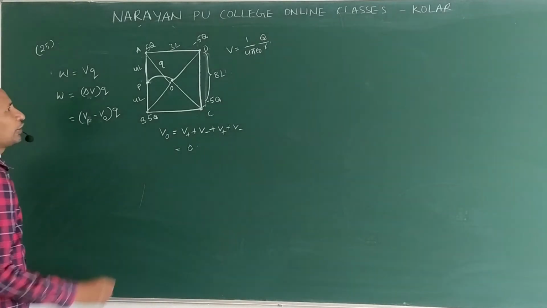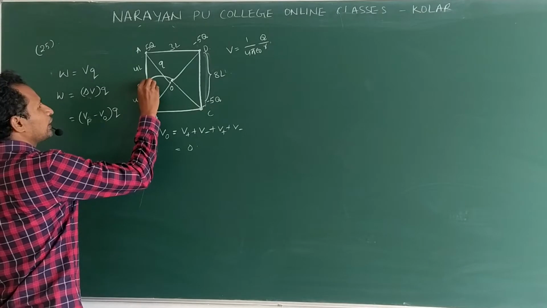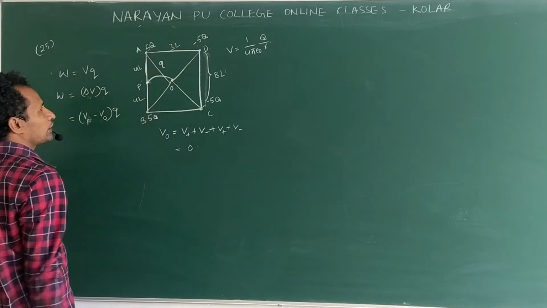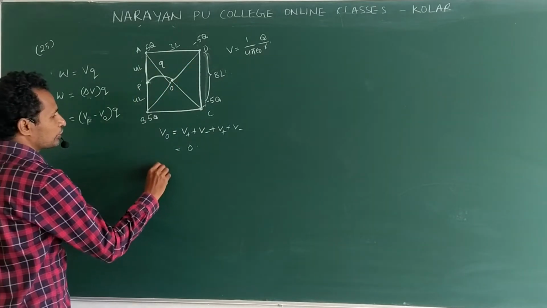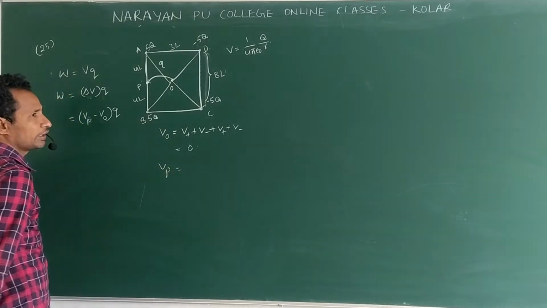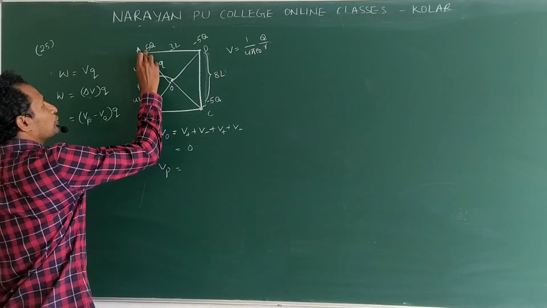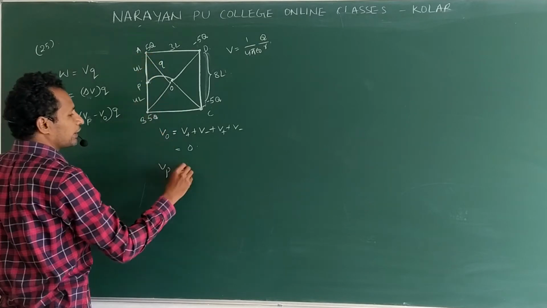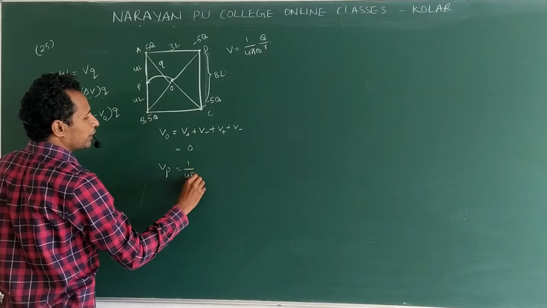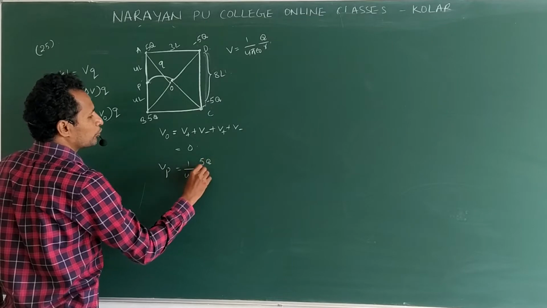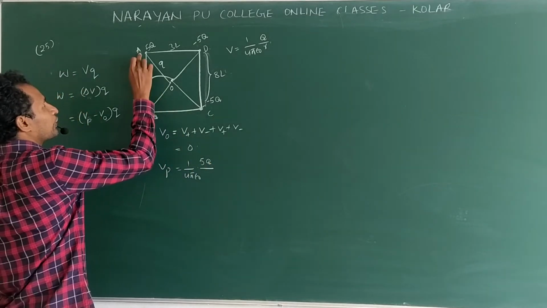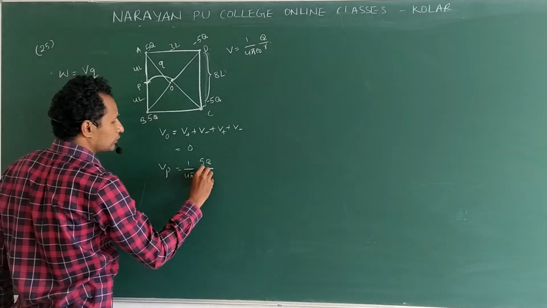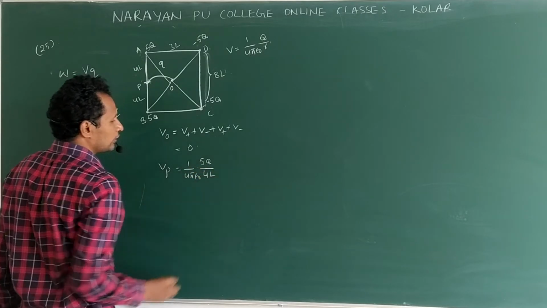Clear? Now we need to calculate potential at P due to all 4 charges. Now potential at P. Due to 5q placed at A, 1 by 4 pi epsilon naught 5q by the distance of A to P, which is 4L.